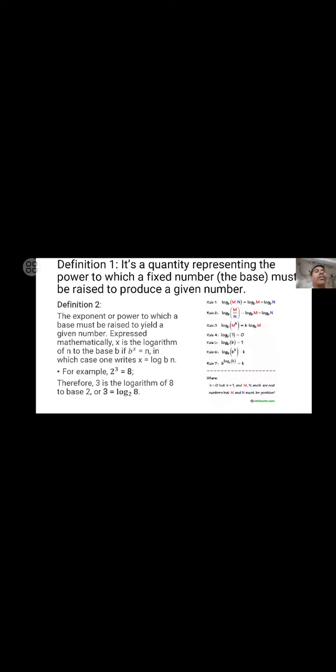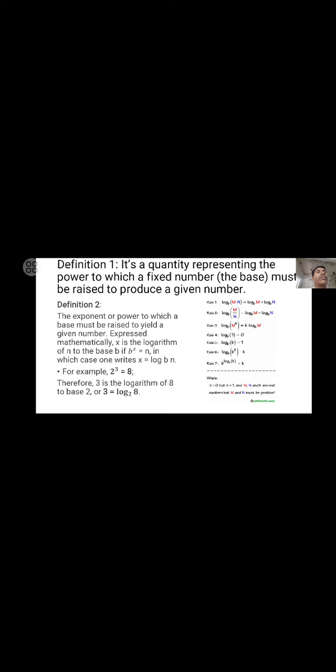And now we will discuss logarithms. So let us see what is logarithms. Here two types of definitions are given.